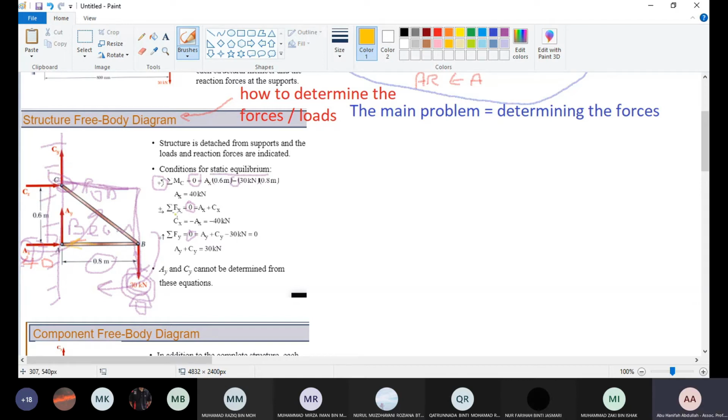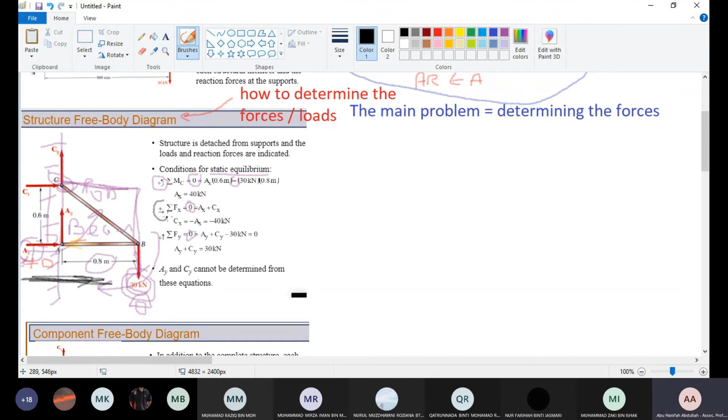Now we create another equation. We create the equation for every force parallel to the horizontal, X horizontal. So we have AX.